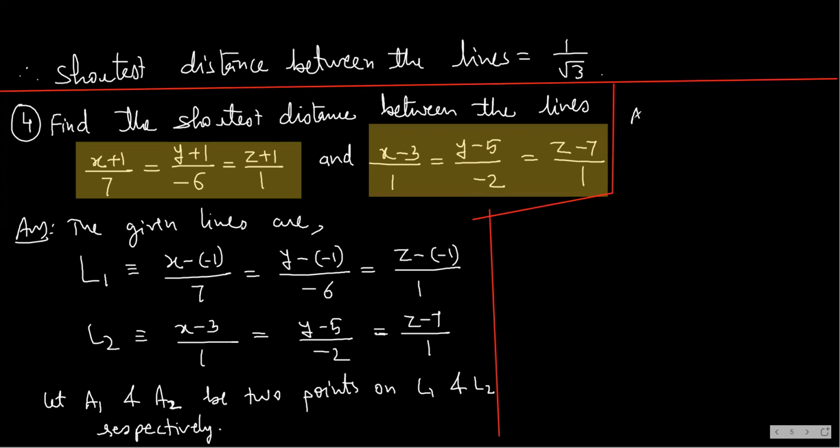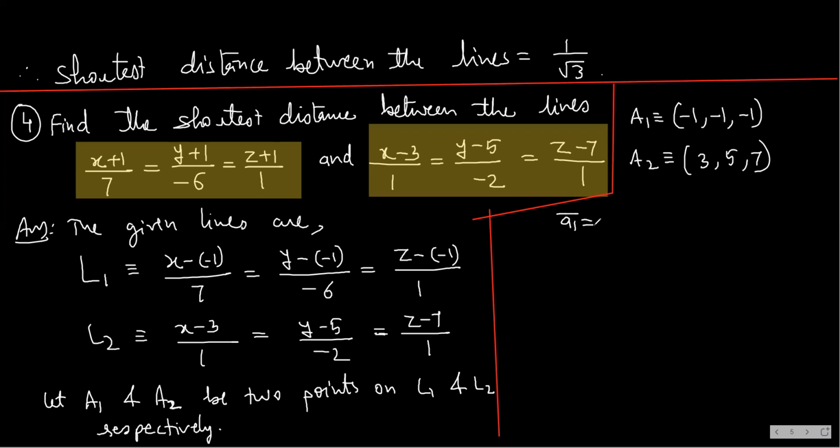The coordinates of point A1 are negative 1, negative 1, negative 1. And A2 are 3, 5 and 7.